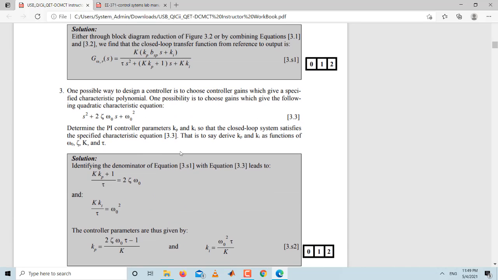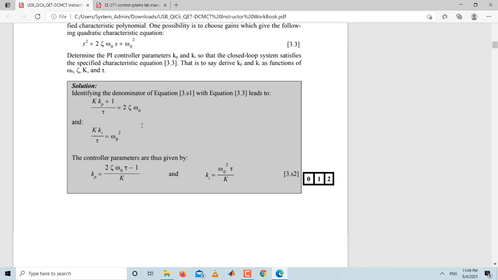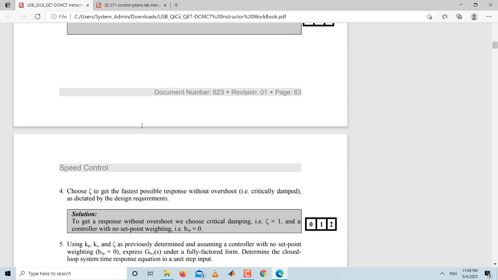I'm talking about this characteristic equation. You might have read something similar in your theory lectures. If not, you might cover them in the coming week, so it will be a revision of your concepts. So if zeta becomes equal to 1, then we get a critically damped response, which means that there is no overshoot.